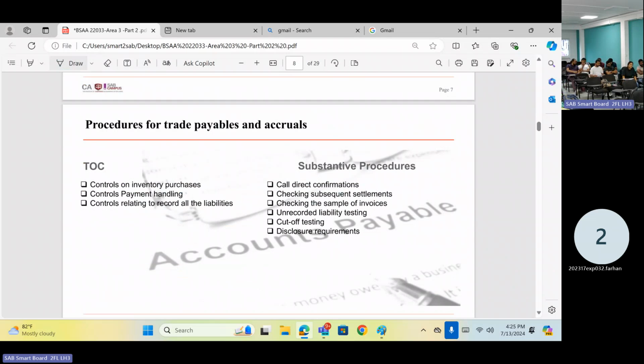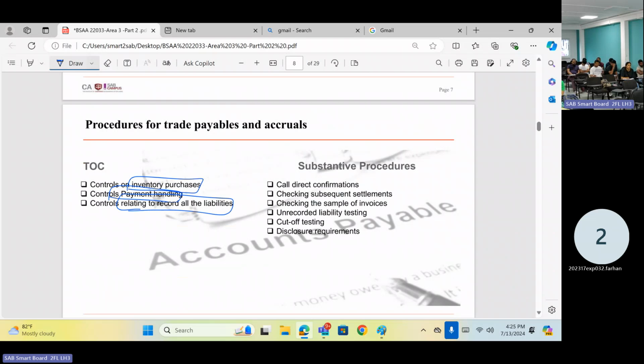Once you are coming to the procedures, for trade payables you are dealing with purchases, inventory purchases, payment control, liability recording process, and cash settlement process related controls should be tested.